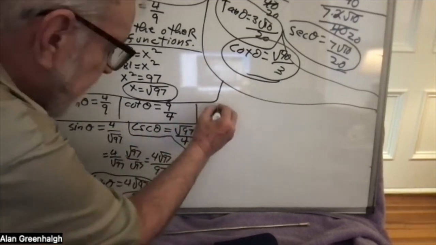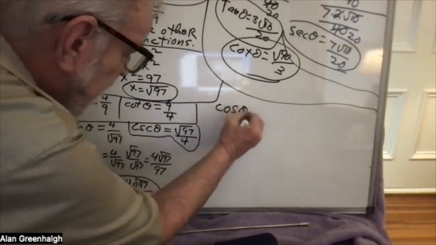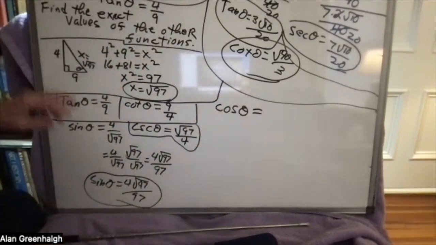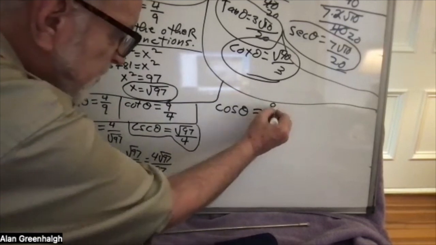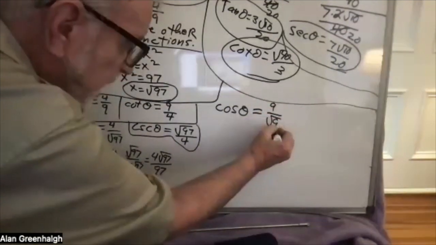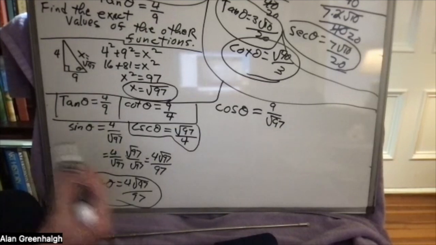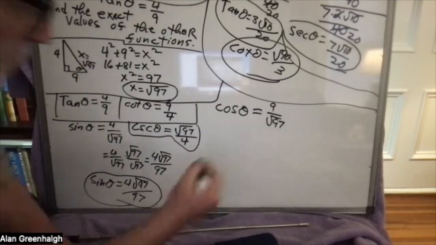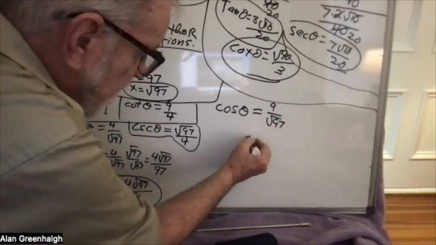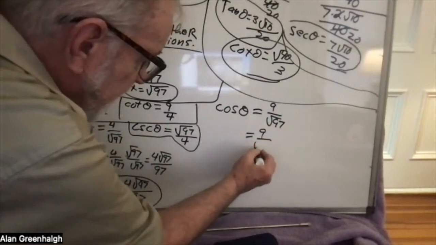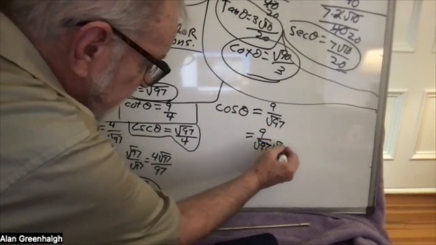And let's do cosine. Cosine of theta will be equal to the side adjacent, which is 9, divided by the square root of 97. Very nice. We need to do the same thing, so let's just do it.